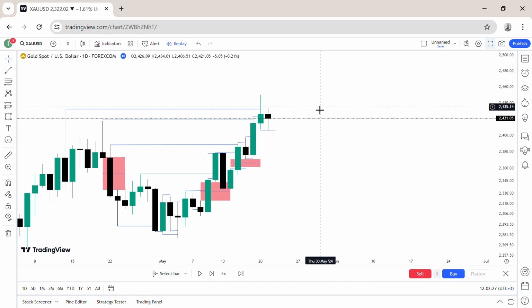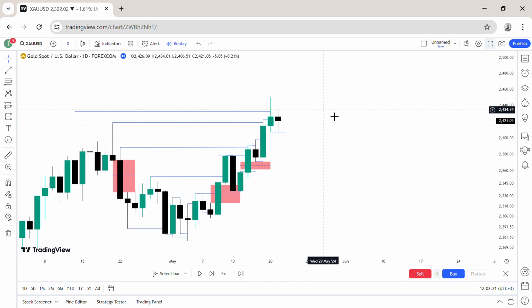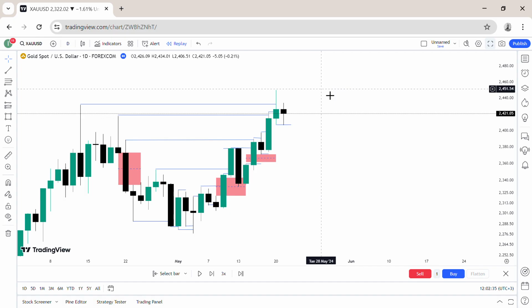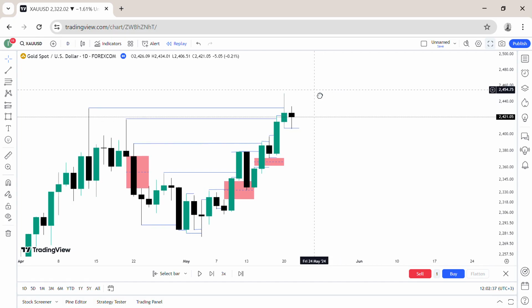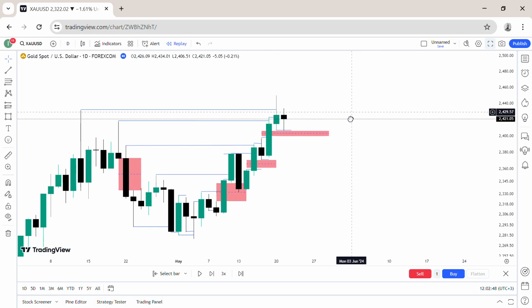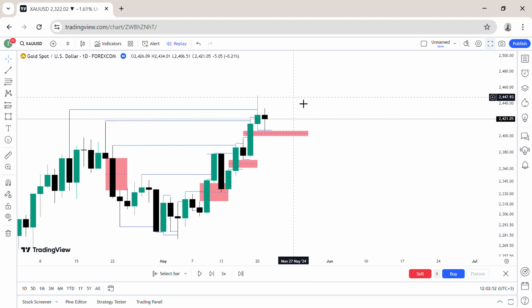Good. So as you can see, it didn't close below it, but it traded below it. So it was true, it was bearish. And there was this fair value gap. So this fair value gap increases my confidence.